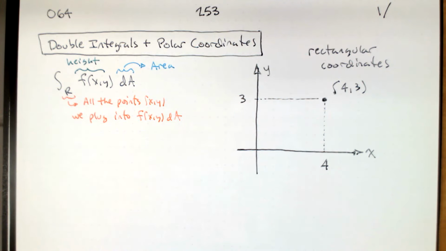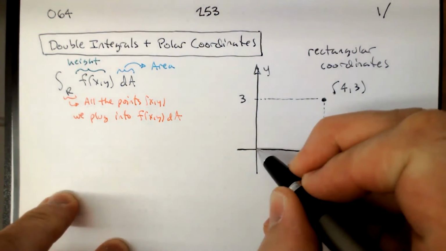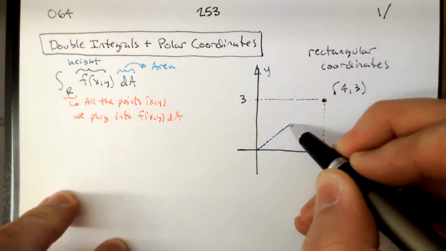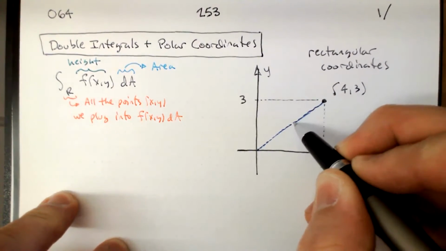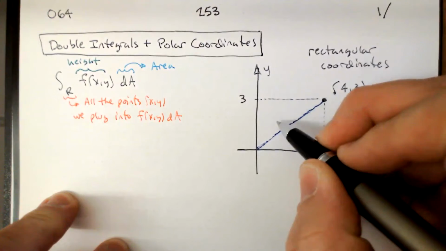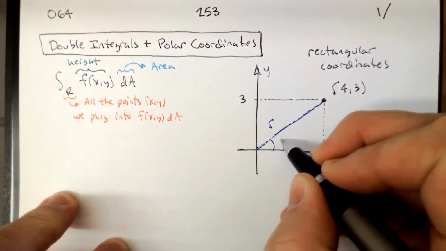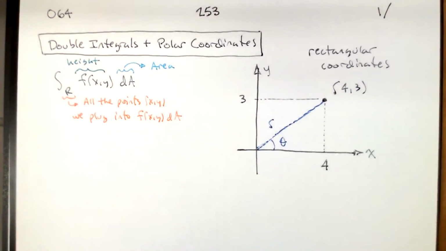But that's not the only way that we can describe this location. The other way we can describe this location is with polar coordinates. For polar coordinates, we want to know how far that point is from the origin and what angle from the positive x-axis.